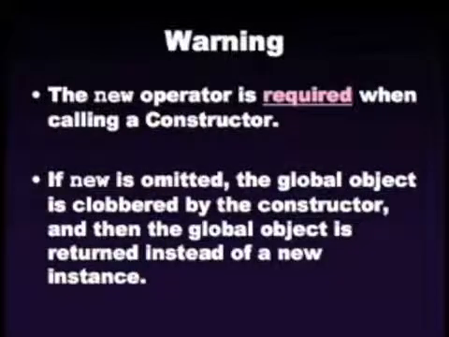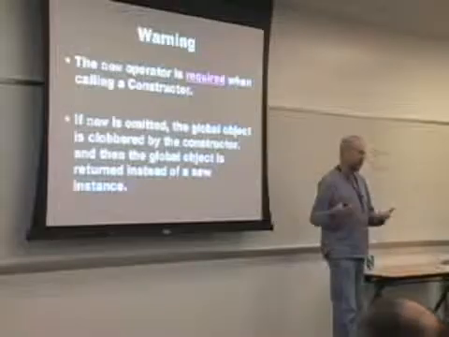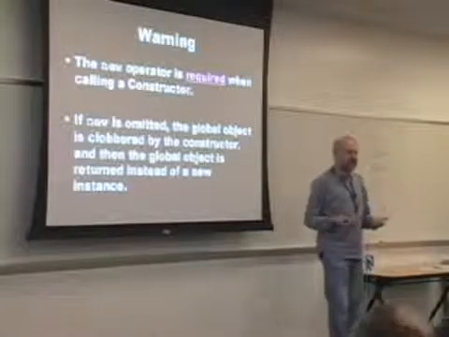One thing that's really dangerous about this pattern is that if you write a constructor which has to have a new prefix, but the programmer forgets to include the new prefix, bad things happen. It gets called as a function rather than as a constructor. And so this, instead of pointing at the new object to be customized, is pointing at the global object, because that's what happens in the invocation pattern.